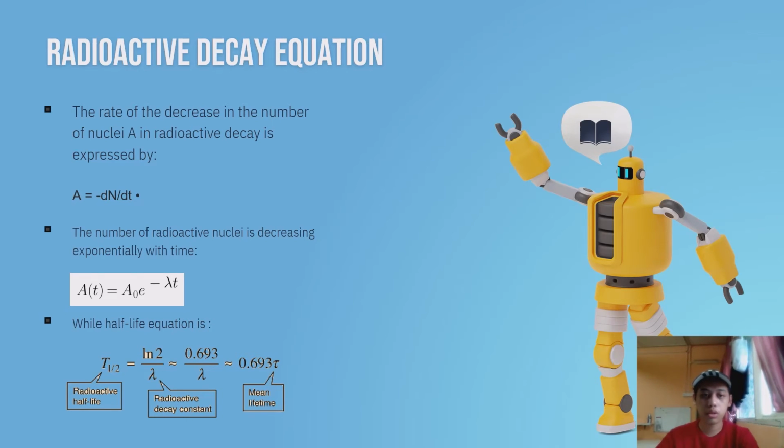We're gonna use another formula, but in the book we use letter N instead of A. And next, the half-life equation. So half-life is equal to ln 2 per lambda, where lambda is the radioactive decay constant.